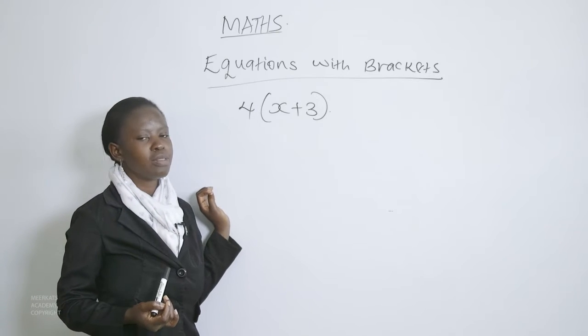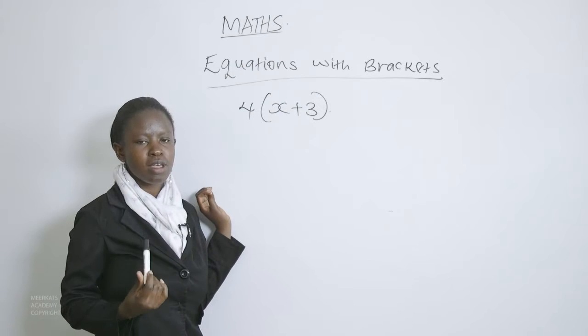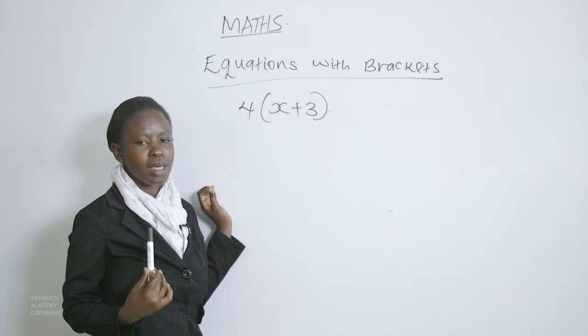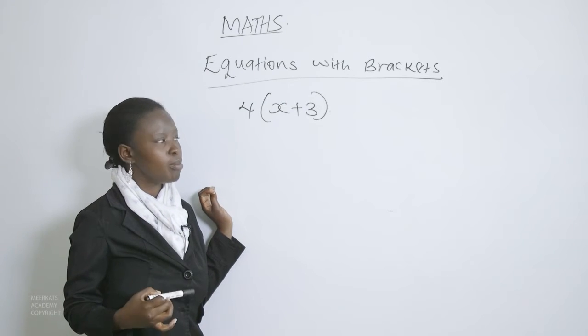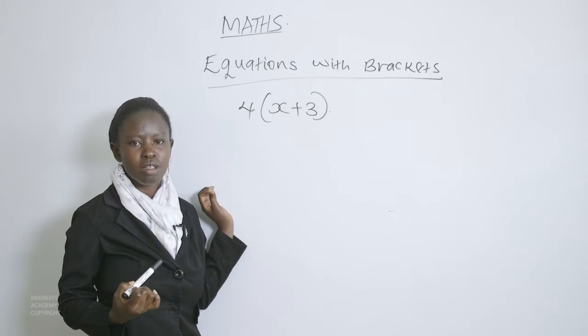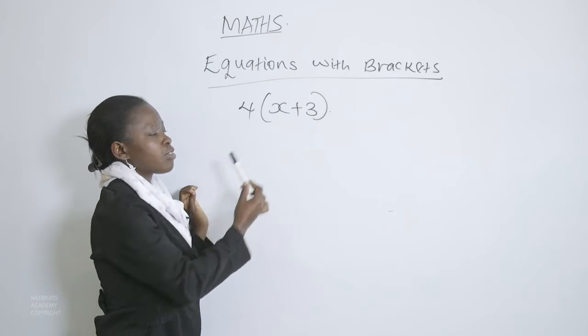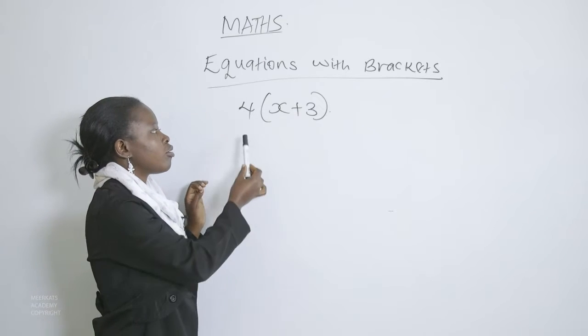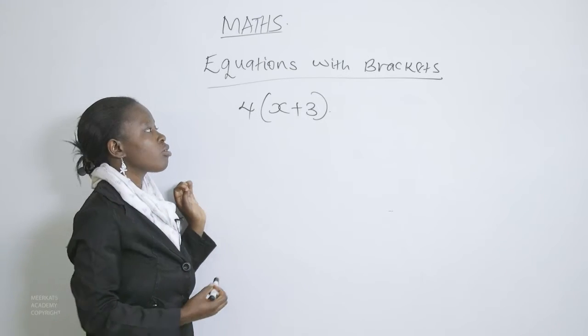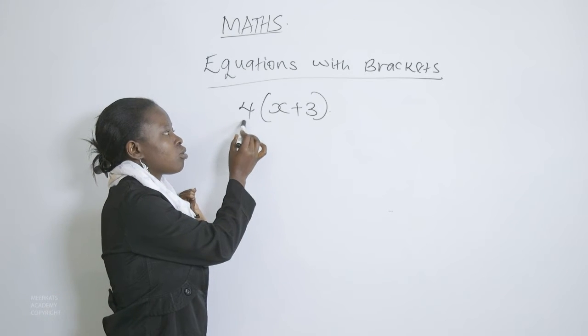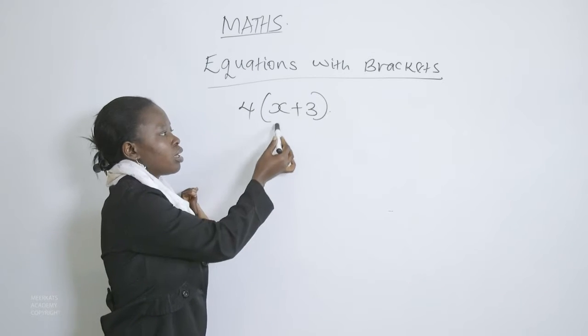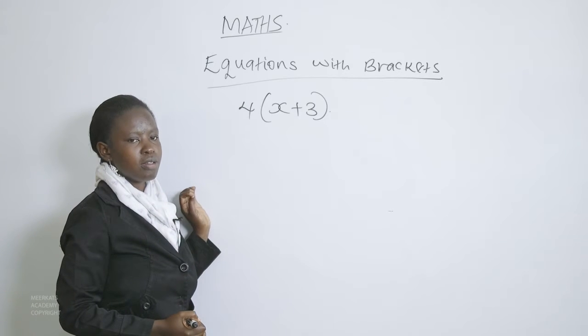Brackets mean we multiply the contents inside the bracket with whatever is outside. Here we have x plus 3 inside the bracket and 4 outside.